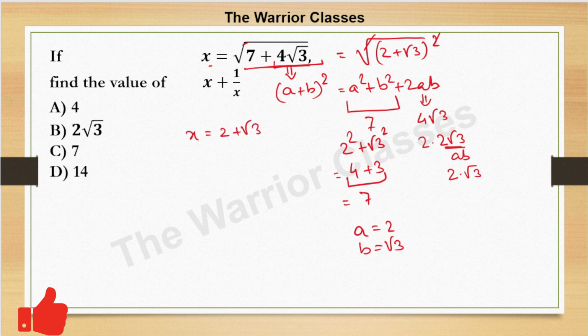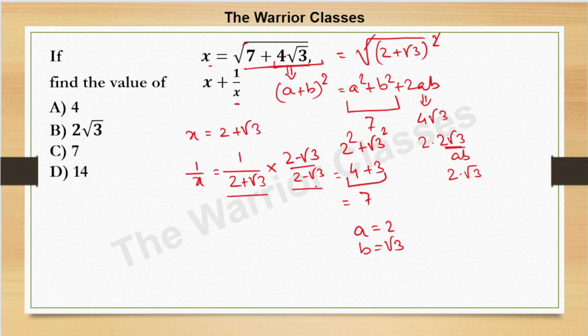Now again we will have to calculate the value of 1 over x. So 1 over x will be 1 over (2 plus square root 3). Now we'll multiply it by its conjugate value, 2 minus square root 3, in numerator and denominator. Now it is (a plus b) multiplied by (a minus b).